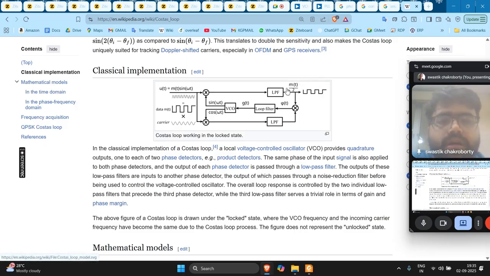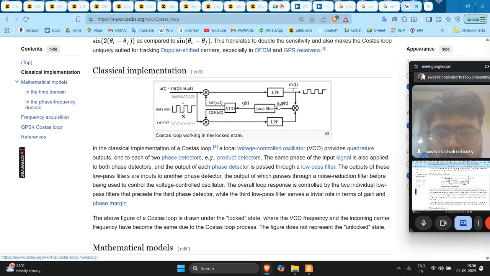So this is a classic demodulation structure. In the quadrature branch we are doing the same. Now we are multiplying with cos omega t and we are getting back the message. Now the difference between these two is fed to a loop filter, and from there the output is fed to a VCO which generates the carrier frequency.